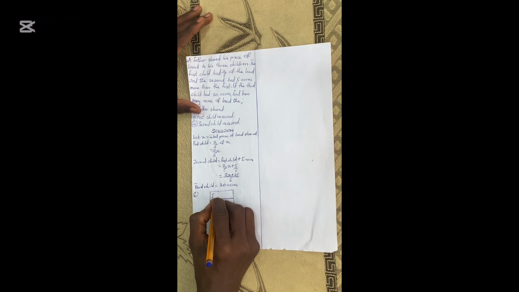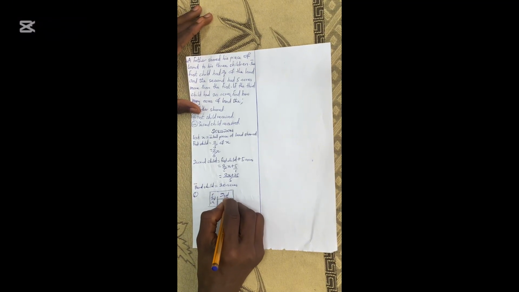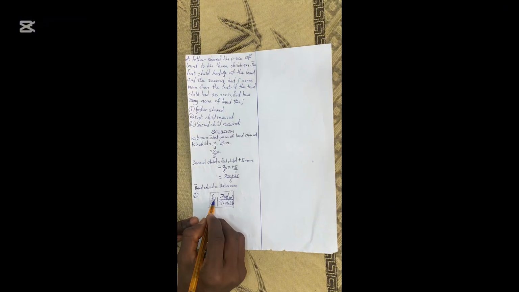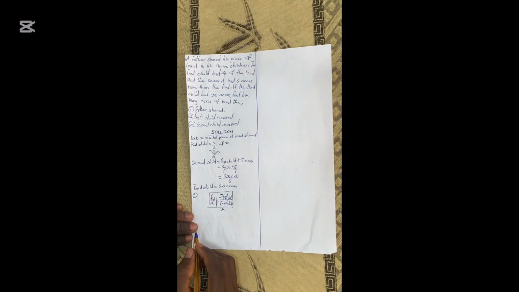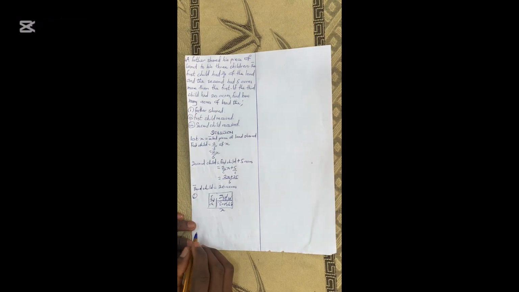Let's say this is the first child, second child, and then the third child. If we add the first child to the second child and then the third child, it should give us the x, which is the total. I hope you are following. You can pause to think about it.